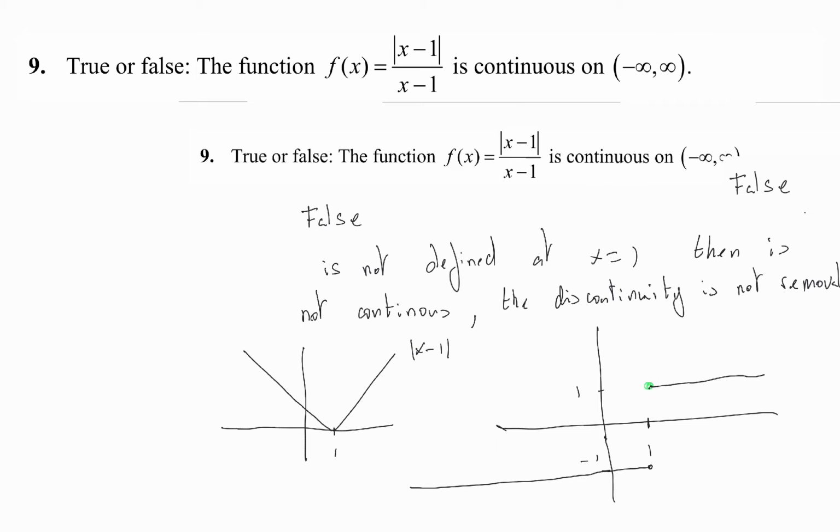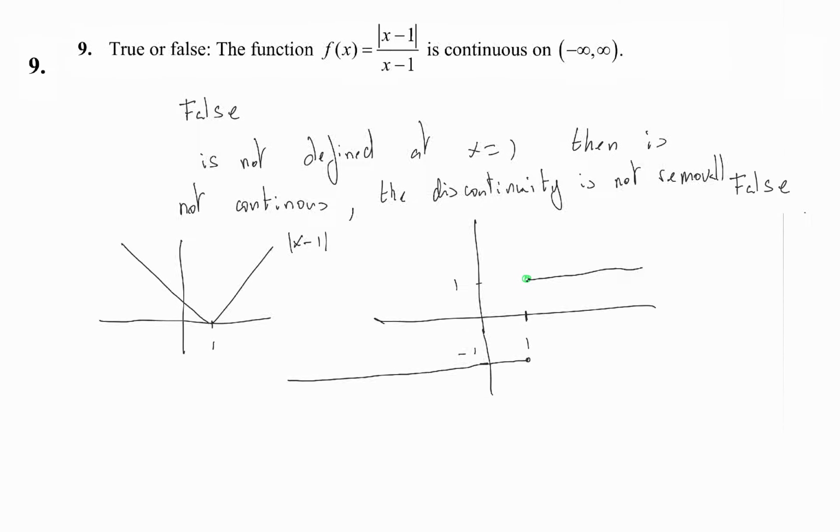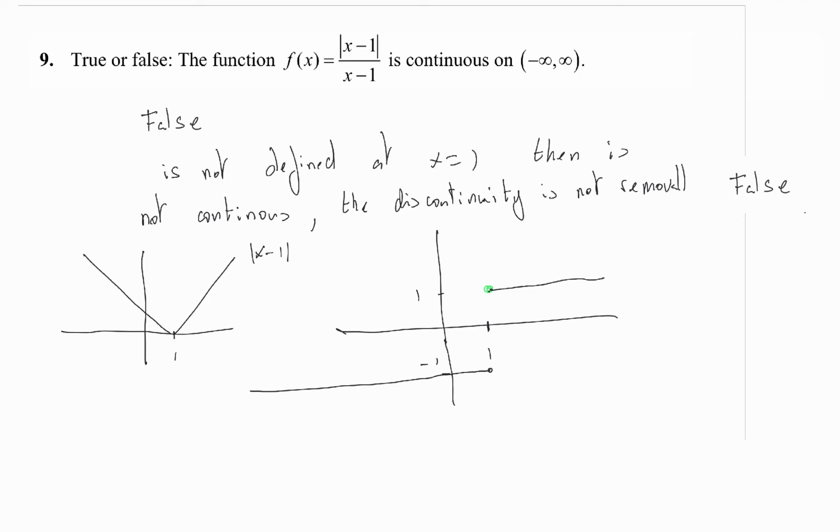Okay, this function is the absolute value of x, moved to the right 1 unit. So if I divide this function by x minus 1, I divide it by itself.